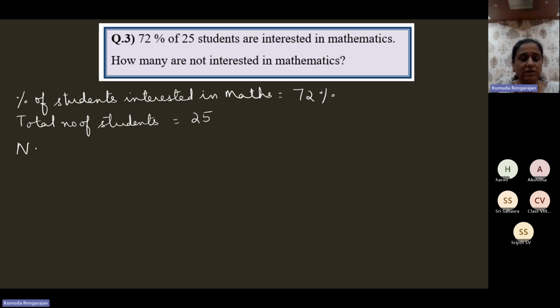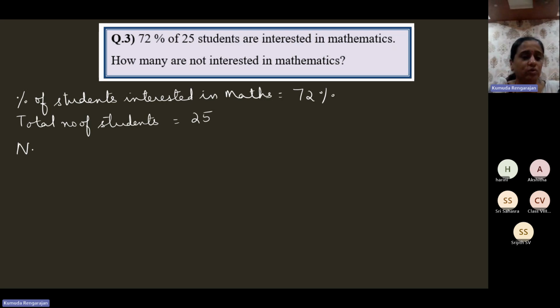Now, we know the percentage of students interested in maths, but we don't know the number of students. Percentage is different, number is different. So if 72% are interested in maths, that does not mean 72 students are interested in maths. 72% is not 72 students.